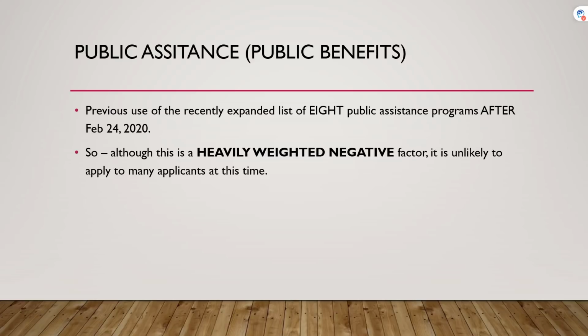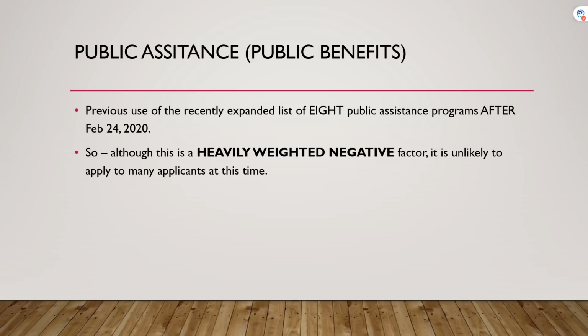The current rule is that use of those 8 public assistance programs prior to February 24th, 2020 will not be considered, which means that unless you're a complete nutcase, you're not going to go into the USA now and use those public assistance programs, because if you do, they're going to be counting as a clock towards your case, and they will accumulate.